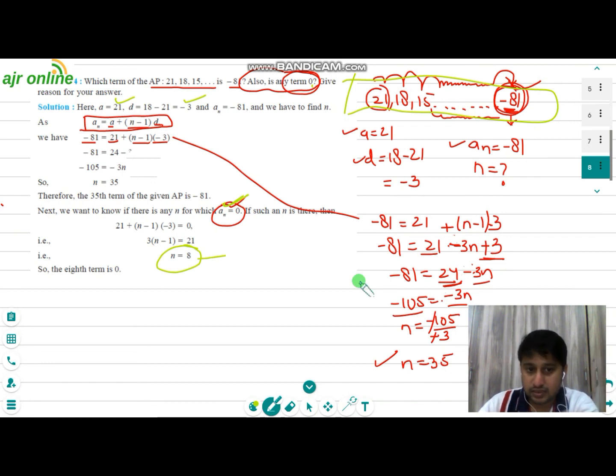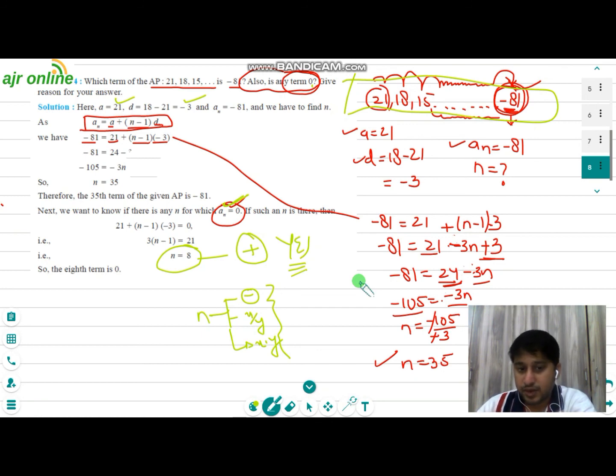If n is positive, then yes, 0 is coming in this AP. Otherwise, if n is coming out to be negative, for example minus 3, minus 4, or it is coming in fraction, minus 4 upon 5 or 4 upon 5, or it is coming in decimals like 4.3, 4.8, then this 0 is not in this AP.